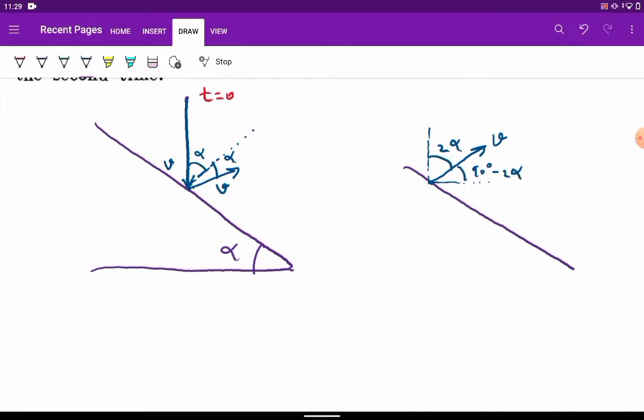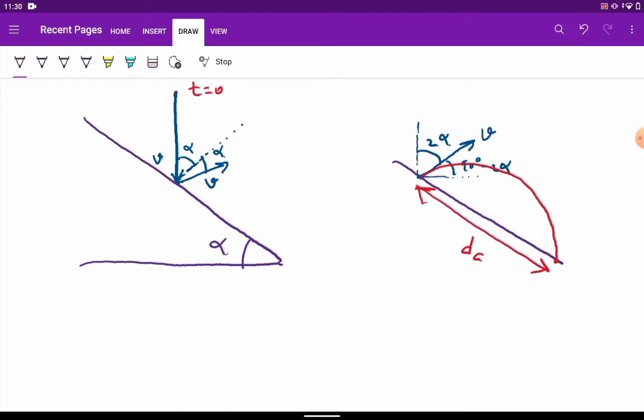Its trajectory after the collision will be something like this. So it will go like this, and it will collide somewhere over here on the inclined plane, and basically this is the distance. Let's call it d, that is required.